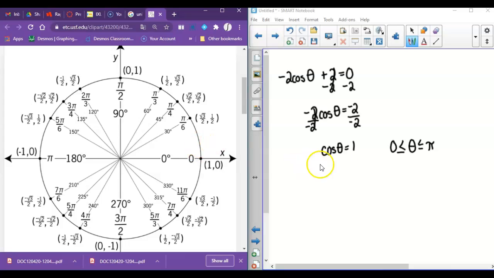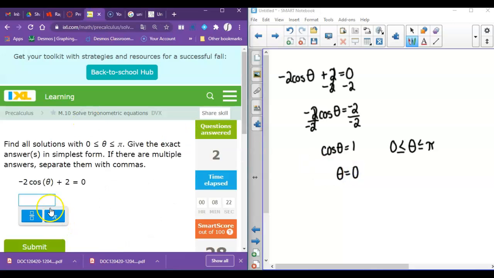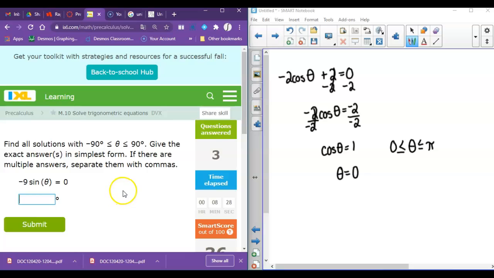And 0 is between 0 and pi because your endpoints are inclusive here. You've got or equal to. And I believe that's the only place where that happens. So we would say that theta equals 0 here. So if we flip back over here, we can type that in and submit.